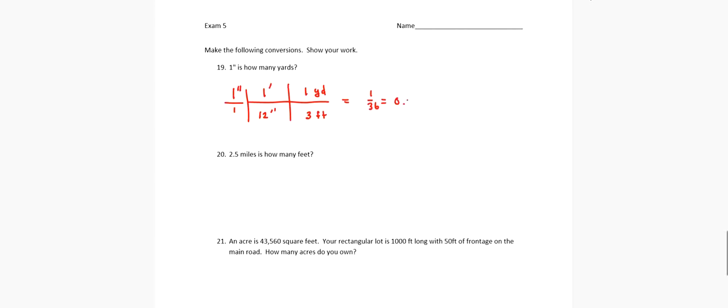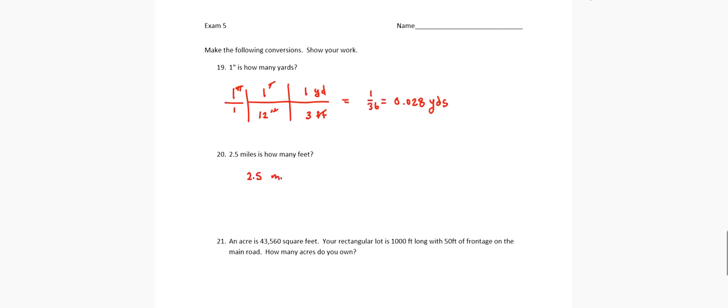And I got 0.028 yards. The reason is these inches cancel with these inches, this feet cancels with this feet, and we're left with yards. Okay.